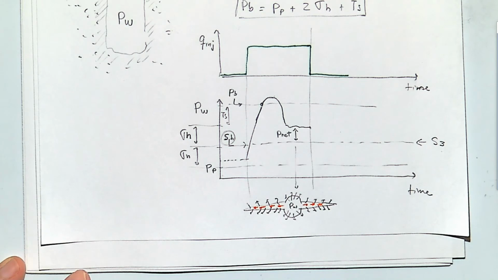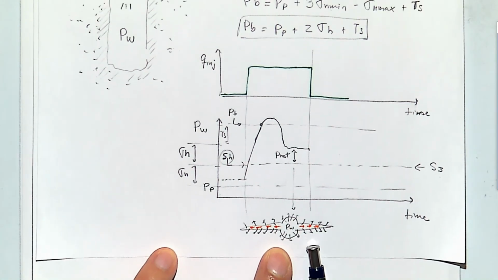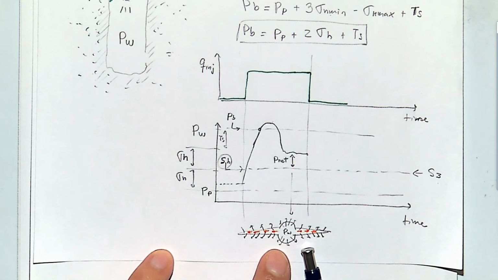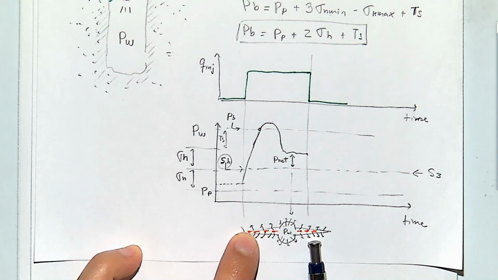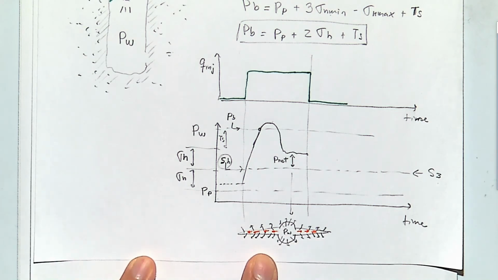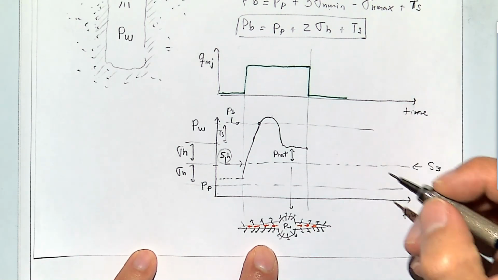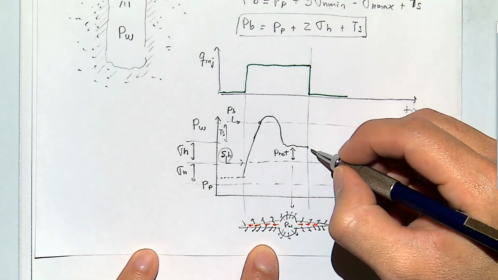If you stop injecting, and remember that we're injecting into a rock which is permeable, so the rock is going to press against the fluid to close the fracture, and as it does that, the fluid is going to get into the rock, and the pressure inside is going to decrease, with a characteristic signature.